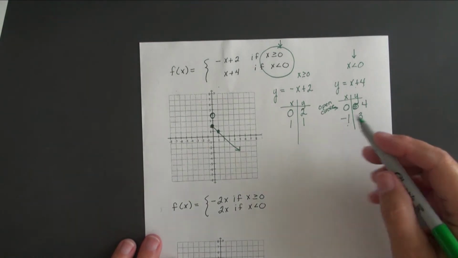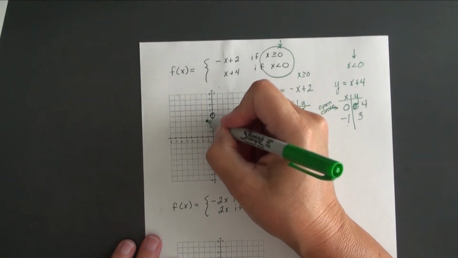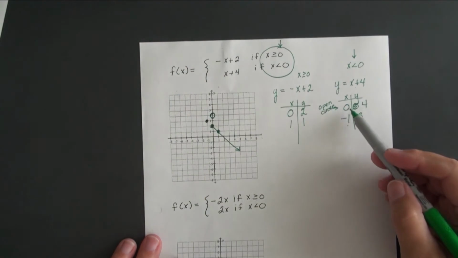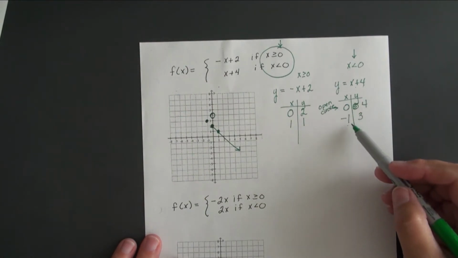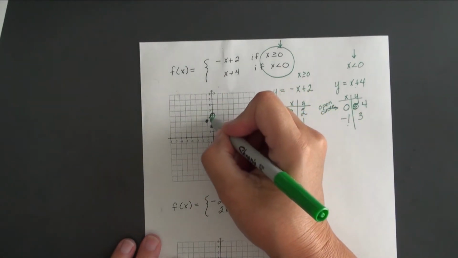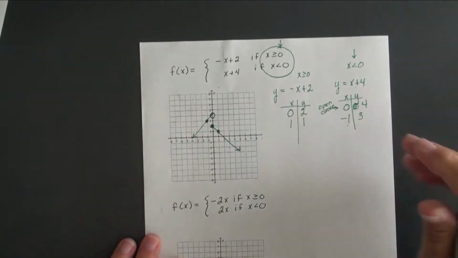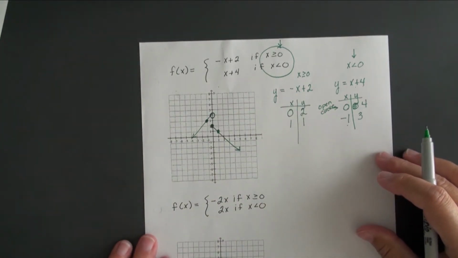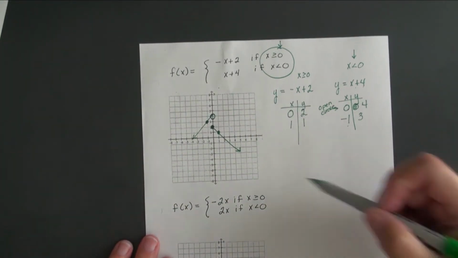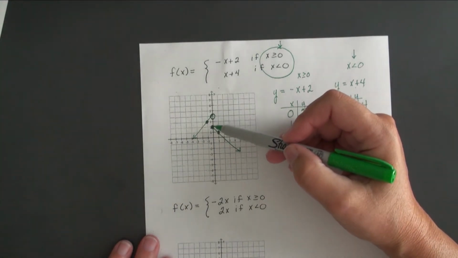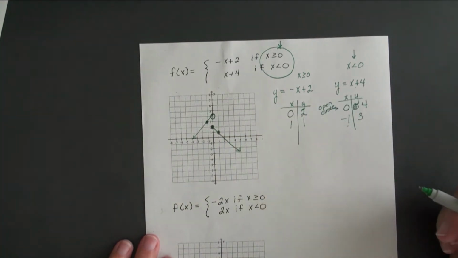And then I'm going to plot negative 1, 3. And I'm going to go from the 0, 4 through the negative 1, 3 to draw my second portion of the graph. And you always have to have an open circle above a closed circle so that it passes the vertical line test.